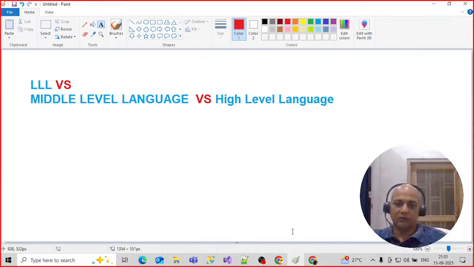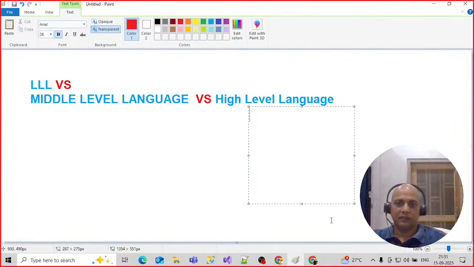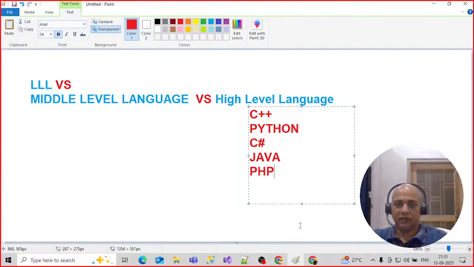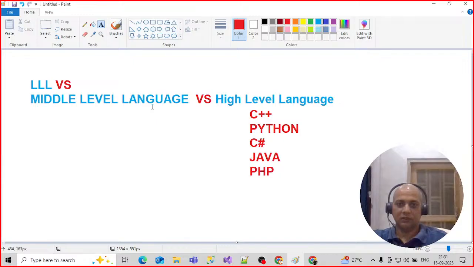Today we are using different high level languages, right? We have C++, Python, C#, which Microsoft developed, Java, PHP. So these are the different high level languages we are using today.